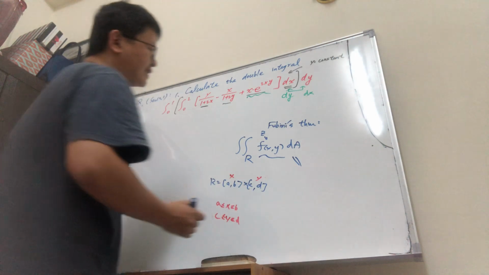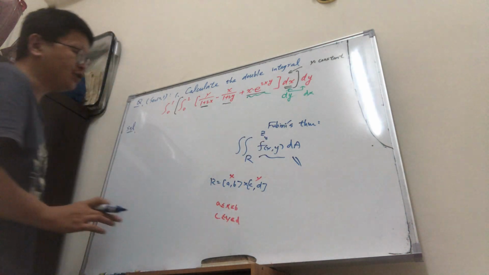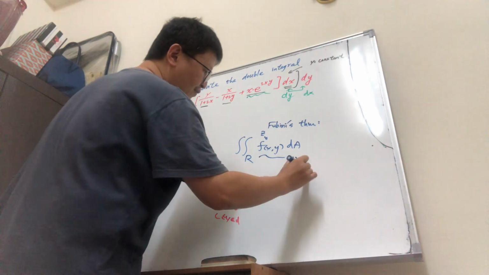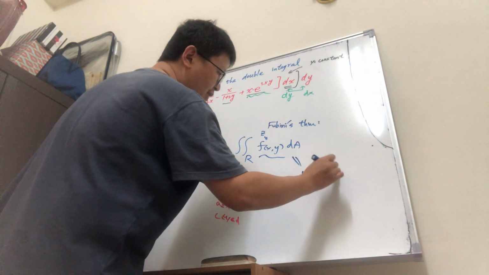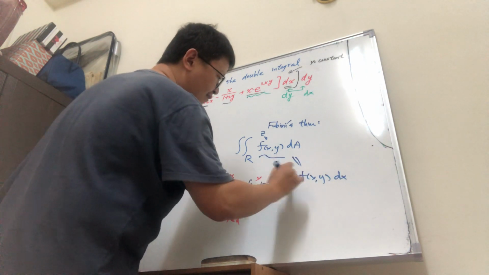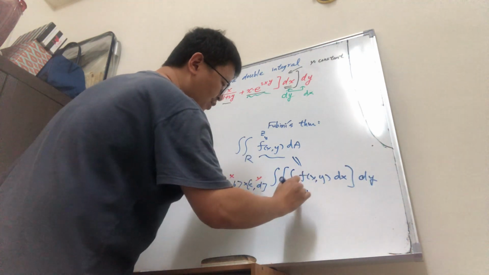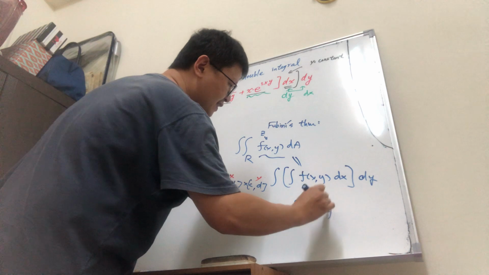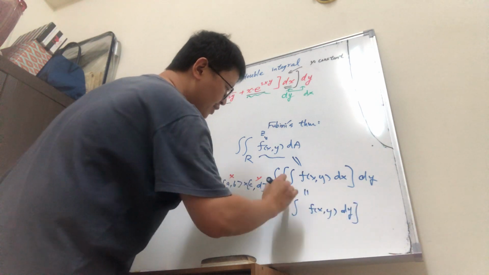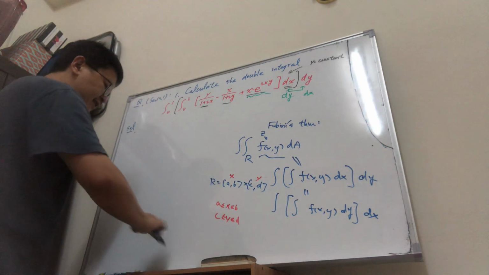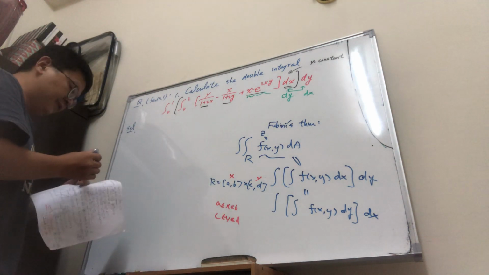And Fubini says that if the function is continuous, then it has a nice result: we could integrate by x firstly, and after that integrate by y, and we also could integrate by y firstly, as a repeated integral, and after that integrate by x.